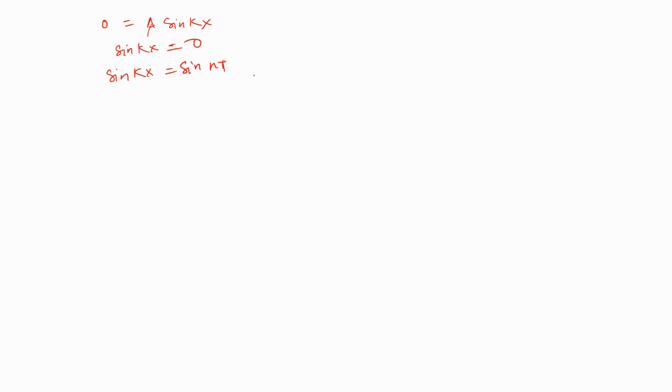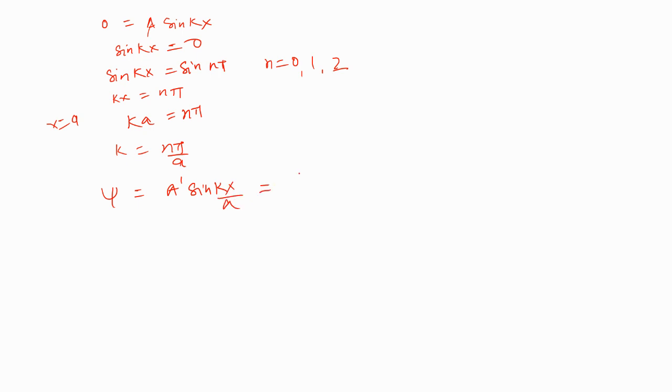If you put n as 0, 1, 2, then sin 0 is 0, sin pi is 0, sin 2 pi is 0. So ka is equal to n pi, and k is equal to n pi by a, and psi is equal to A dash sin n pi x by a.